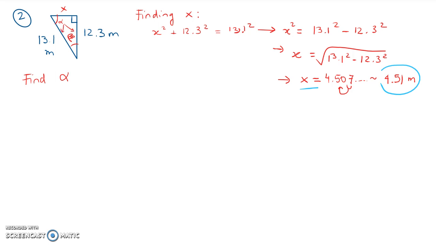So we need a trigonometric ratio that relates an angle, the side opposite to it, and the hypotenuse, and that's a sine. So sine of alpha is going to be the same as 12.3, the side opposite to it, divided by 13.1, the hypotenuse. So we are going to ask the calculator, what is the angle such that when we apply the sine function, we get a result of 12.3 divided by 13.1.